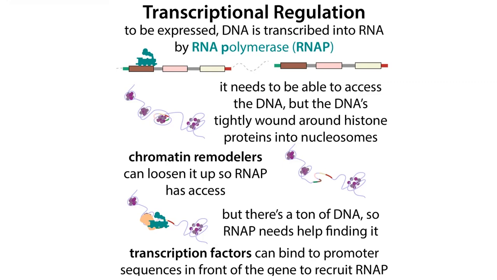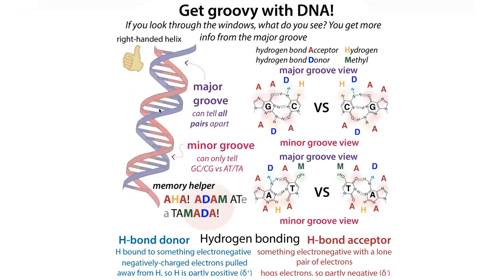That transcription step is highly regulated, and we can regulate it through proteins called transcription factors, which bind in front of the gene and tell RNA polymerase, hey, come here, start copying this from DNA to RNA, so we can make protein from it. These transcription factors know where to bind because they're able to look in the major groove and find sequences that make them happy.